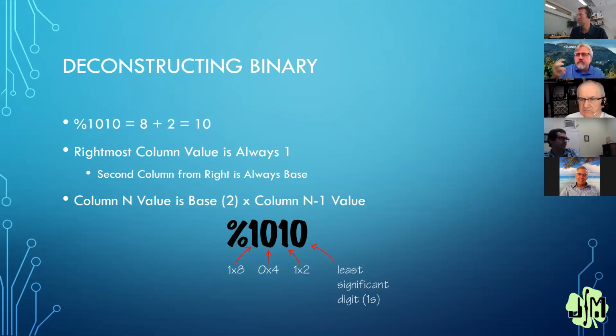So it's 1, 2, 4, 8, 16, 32, 64, 128, 256, 512, et cetera. If you just remember 1 and then multiply by the base going left, you can manually figure anything out very quickly. So get really comfortable with binary.